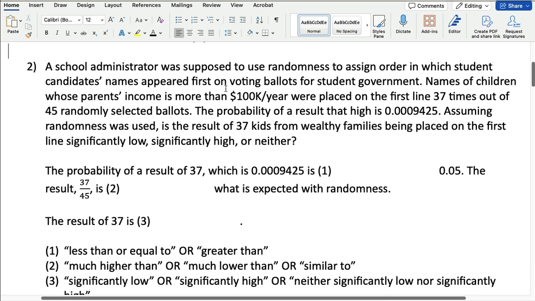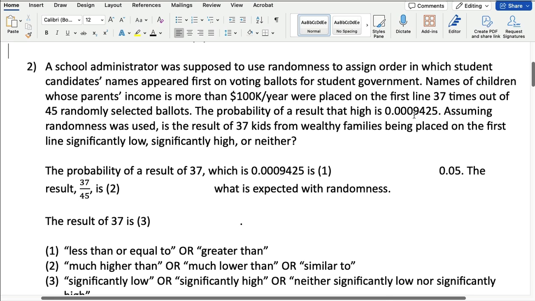So the names of children whose parents' income is more than $100,000 a year were placed on the first line of the ballot 37 times out of 45 randomly selected ballots. So they went back over previous elections and randomly selected 45 ballots.